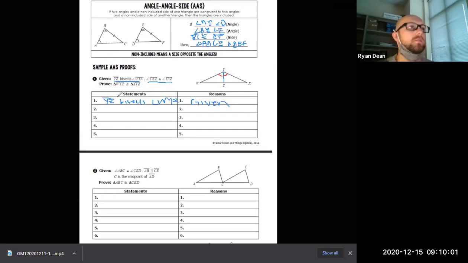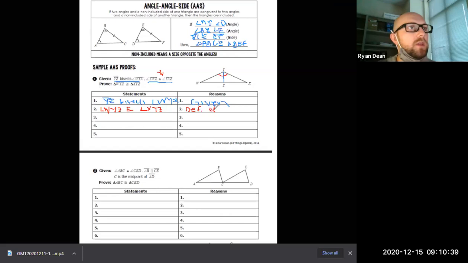So since we wrote down this bisects, my next step, what I would put is that WYZ is congruent to XYZ. And the reason that I'm doing this first instead of writing this other given statement in box 2 is because I told y'all that anytime you use one of your definitions, so you write your given statement, the next step that follows is going to be whatever that definition is.